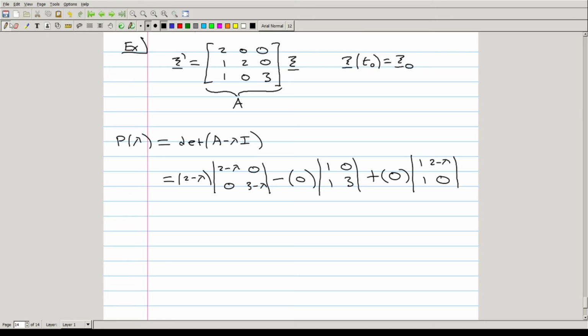Oh, and this should be 3 minus lambda, not 3. But what's nice is that these two terms are 0, and so we're left with the characteristic polynomial 2 minus lambda squared times 3 minus lambda.